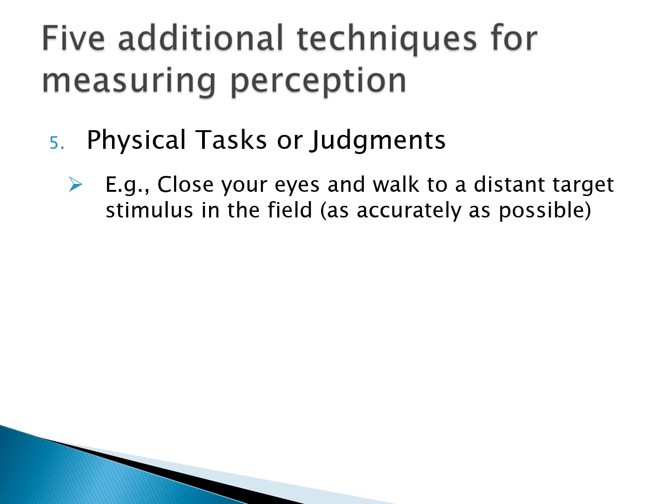The final technique they talk about in the textbook is having people do physical tasks or making judgments. These are actually two separate things in my mind, but they put them together. But we can do this either way. So for a physical task, there's an example in the taking action chapter where they have people close their eyes. I think they actually blindfold them.